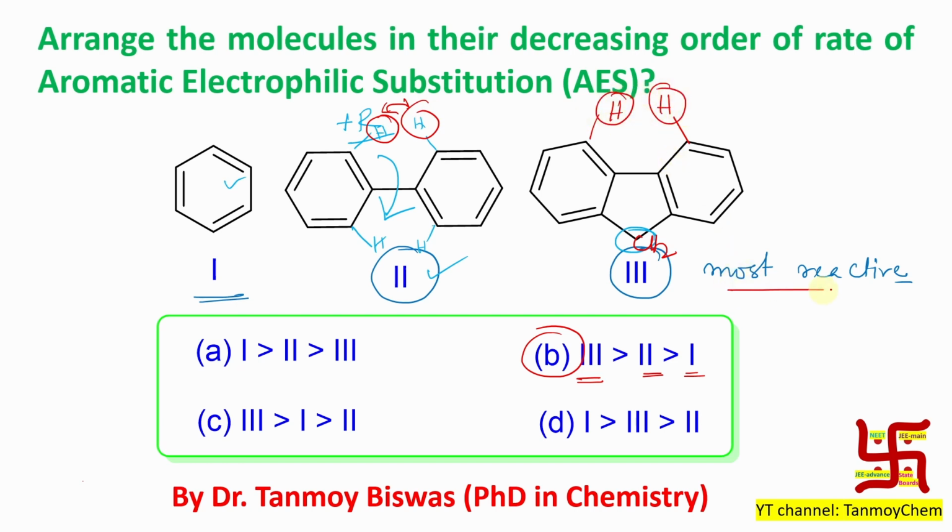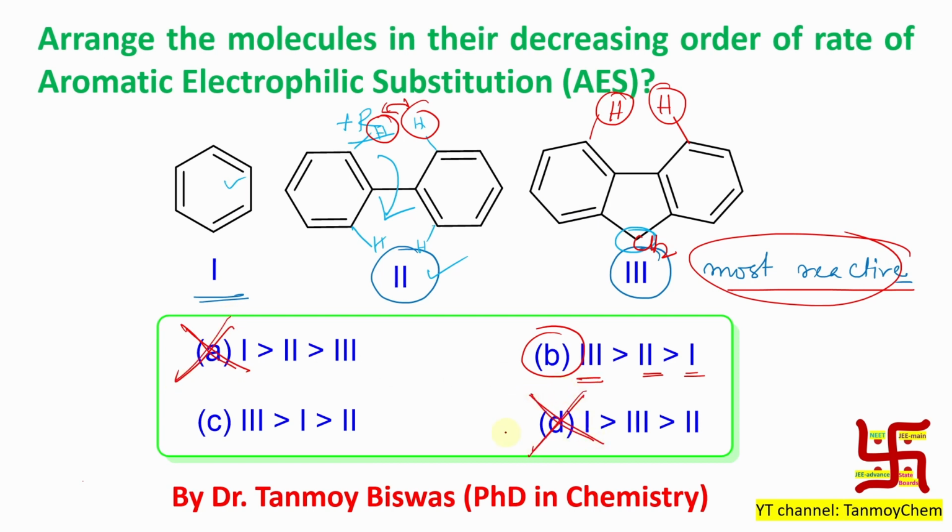So from there I can conclude that this should be the most reactive. Now if you get this question in your exam hall, how can you get the right answer in less than 30 seconds? You need to understand that this system is more reactive because of its rigid structure. So if you understand 3 is maximally reactive, option A and option D are gone. Or just imagine the conjugation: benzene cannot be more reactive compared to them, so option A or option D is gone.